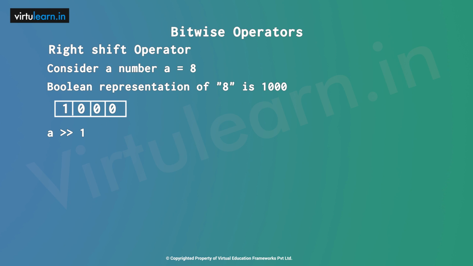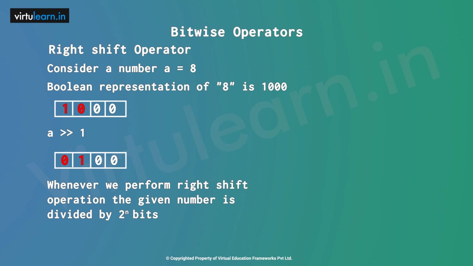If I move 1000 one bit right, it will become 0100. Which means whenever we are performing a right shift operation, the given number is divided by 2 to the power of n bits.